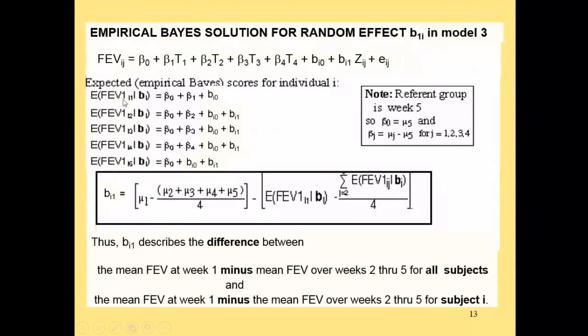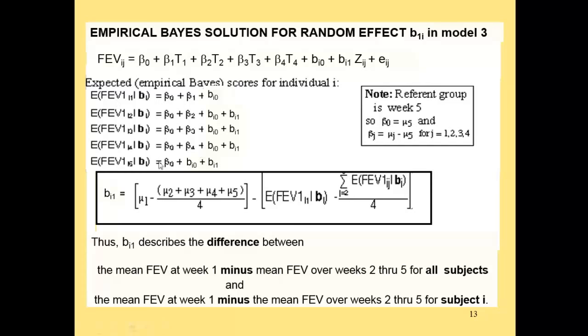So in week 1, we didn't have this BI1 because Zij was 0. But in weeks 2, 3, 4, and 5, we are going to have this random slope here, BI1, because Zij is going to be 1 for weeks 2, 3, 4, and 5. Okay? All right. Yep, just plugging in 1s and 0s.